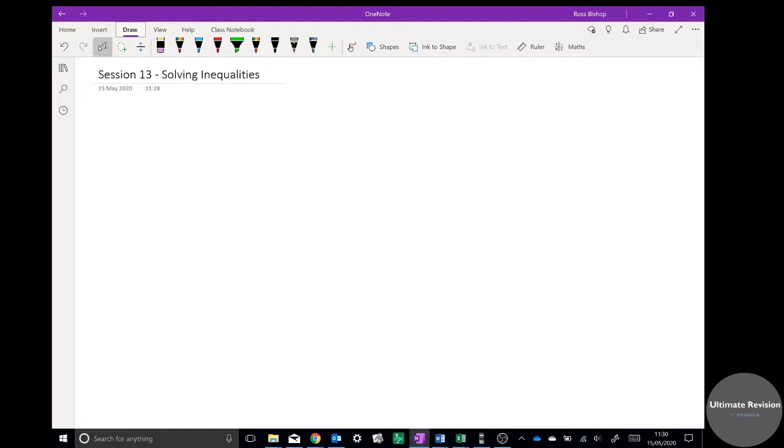Okay, solving inequalities. Now I'm going to look at two examples. So example 1. Now these are linear cases. So I'm going to give you two inequalities. I've got 2x minus 5 less than 7, and a second one.